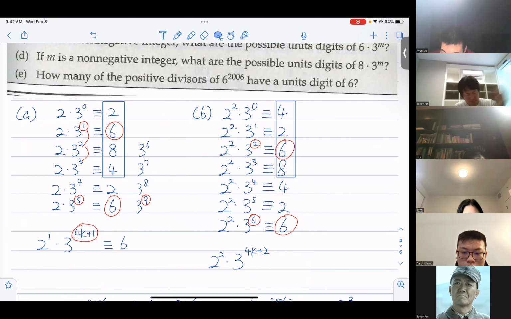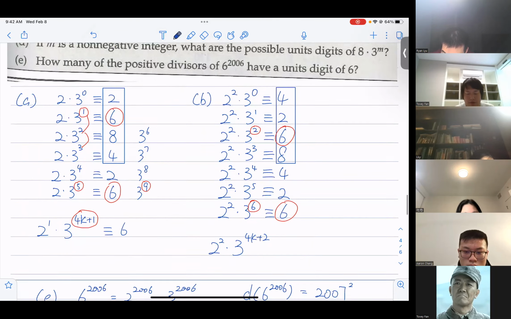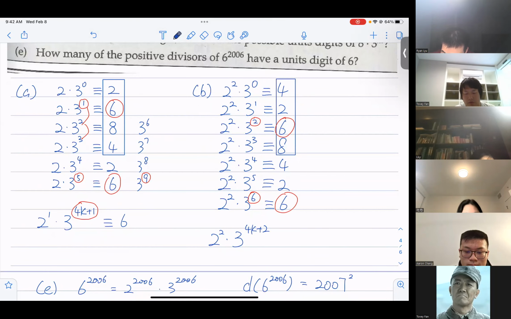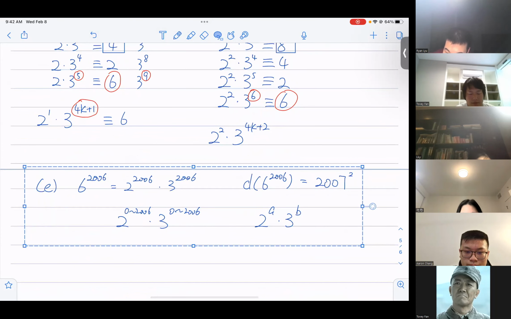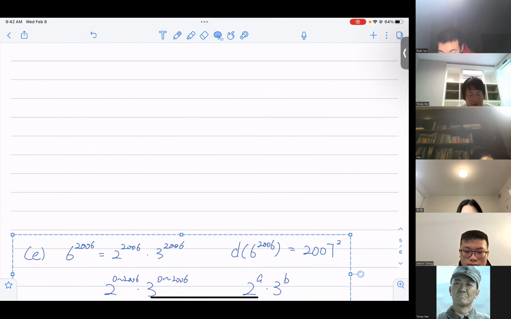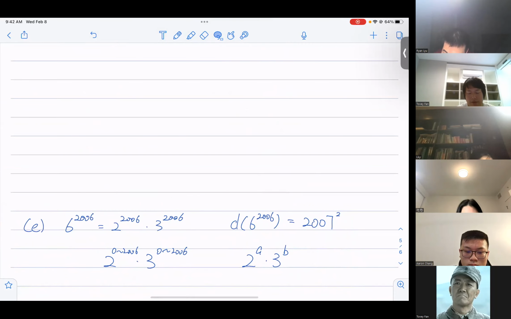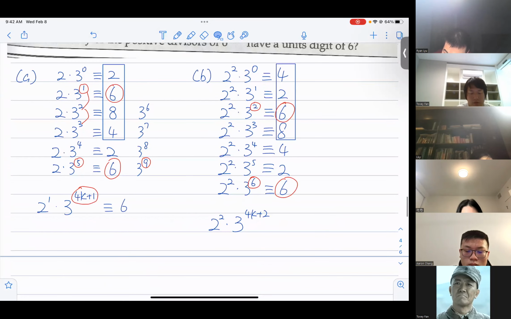You just put your thoughts on your draft paper. I'm just writing this down to show our work, but in an exam you don't have to present your work this clearly, because most exams are just about the answer. You don't have to show your work. Okay, see if that makes sense.